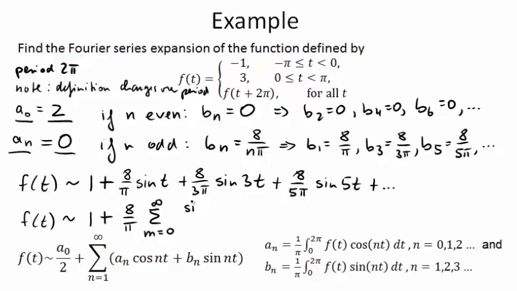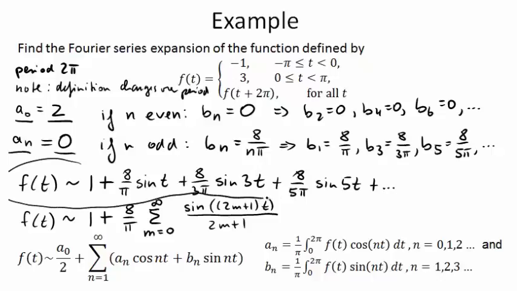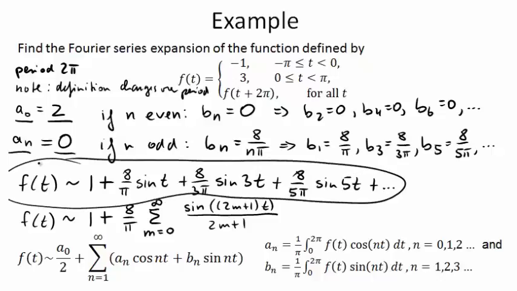But in here we use sine of (2m plus 1) t, and we divide by 2m plus 1. And this caters for us using only the odd values of the original n. Have a think about this, but what we're after for a question like this is something like that.